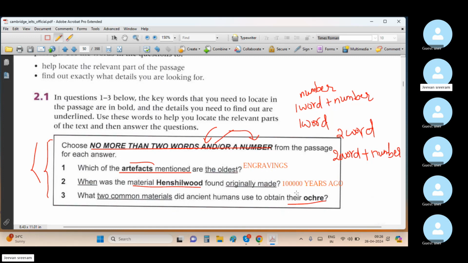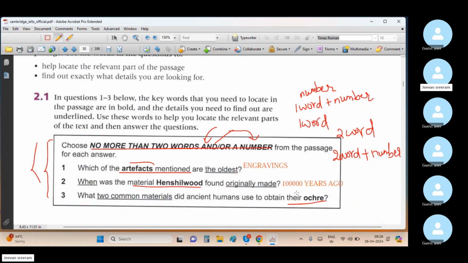Right? Even the author has provided multiple materials like hydrogen oxide, red and yellow. What are its composition? The ferrous oxides or iron oxides are the chemical composition. But people in those days don't know about ferrous oxides. They haven't used such chemicals to get the ochre. They generally use earth or rock to get the ochre mixture.